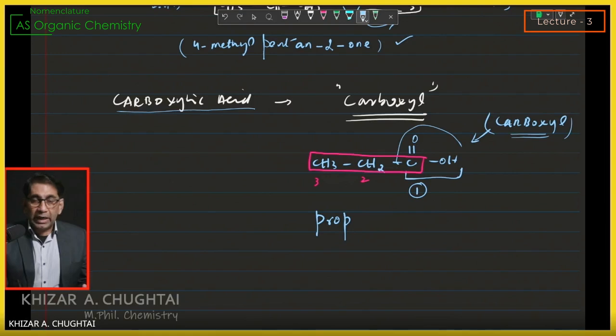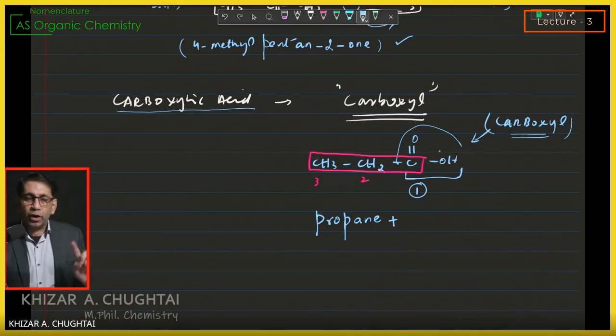All carbon-carbon bonds are single in the longest chain, so I'm going to write "an" plus. There is no need to write the position for acid, because if the acid group is present in the compound, it is always understood that it is at position number one.